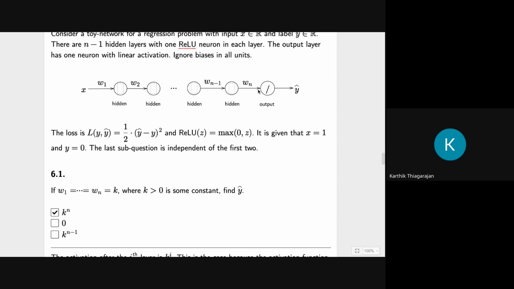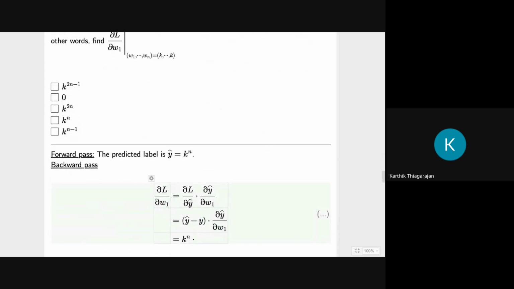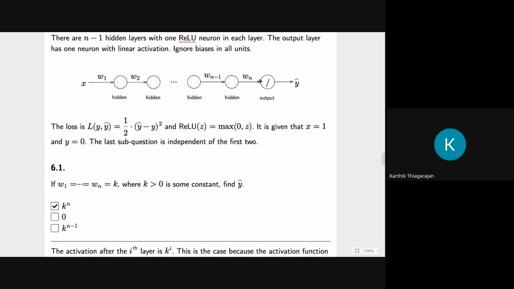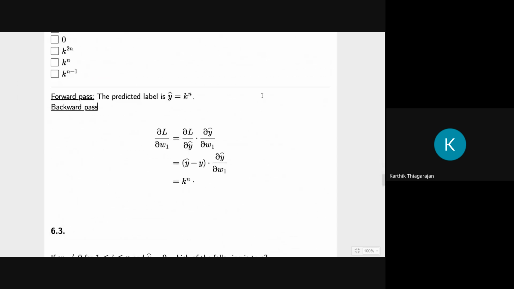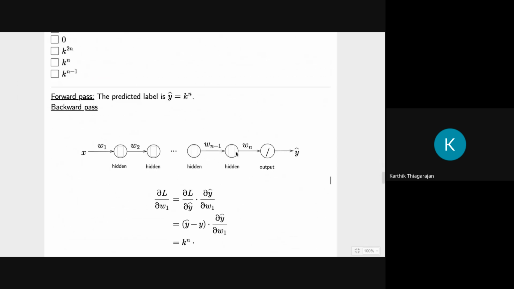So first you do dou y hat by dou An. I'll copy this here so that it's easier to keep track. This is a1, a2.